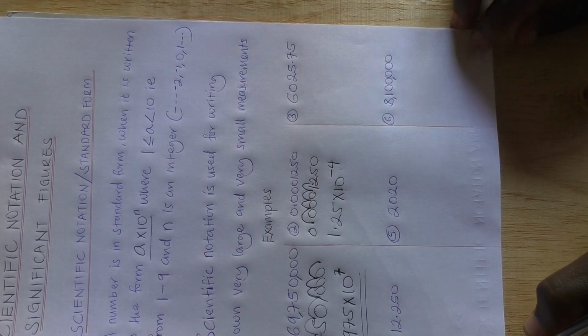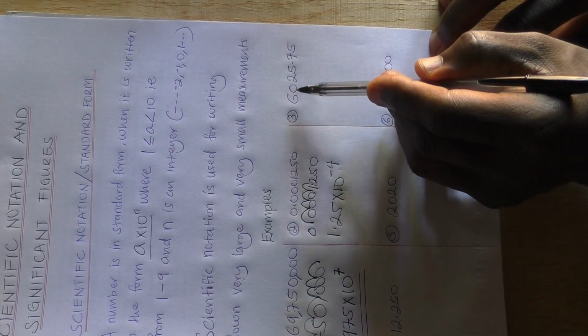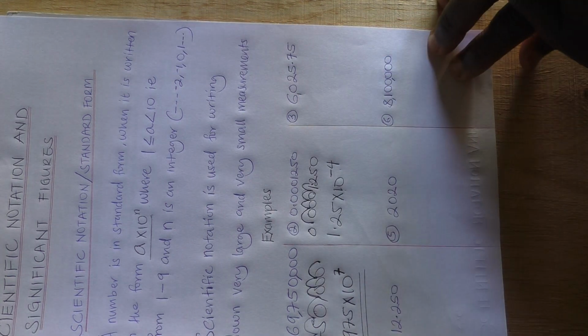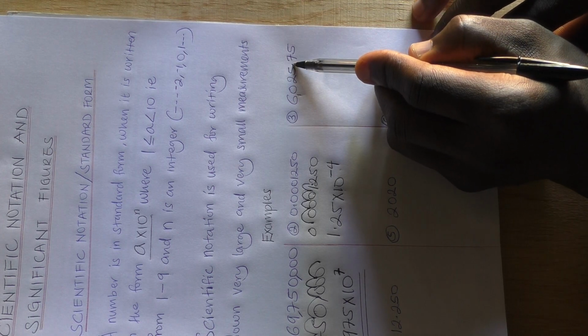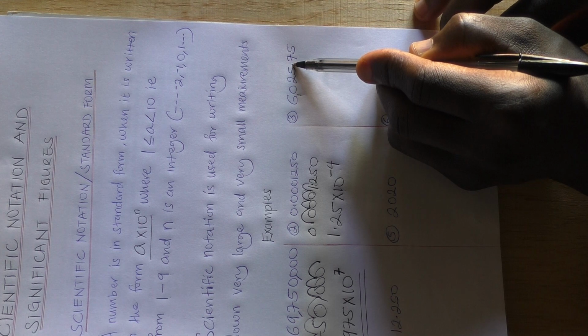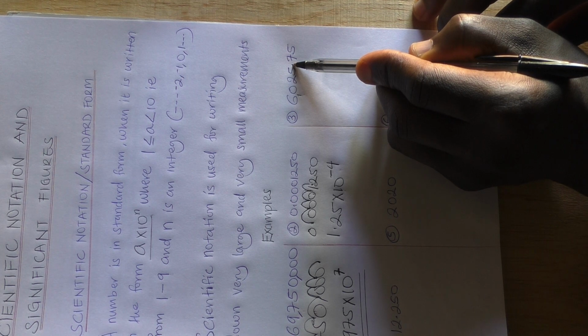In our example 3, we have 60,025.75. So I have a point, but I have to move this point until I get one digit on its left, and that digit should be from 1 to 9.